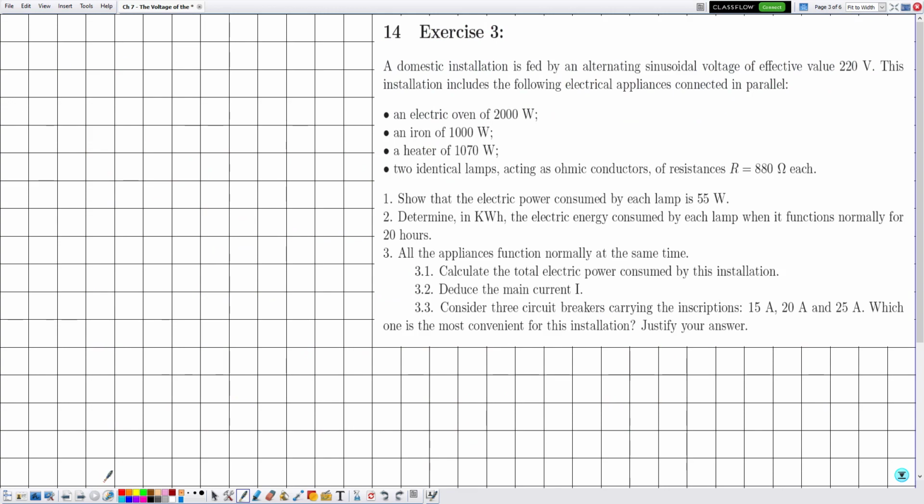Now moving to exercise number 3. They are telling me a domestic installation is fed by an alternating sinusoidal voltage of effective value 220 volts. This installation includes the following electric appliances connected in parallel. We have the electric oven, the iron, the heater, and two identical lamps acting as ohmic conductors.